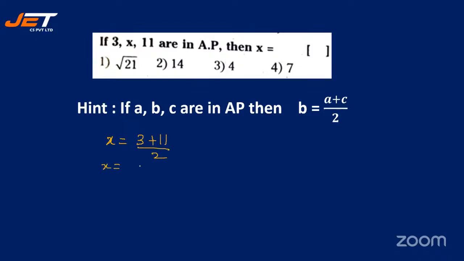So what is x? 14 by 2, which implies your x is 7. Now what is it they're asking? Find out the value of x. So obviously your answer must be option 4, isn't it? If you had opted for option 4, then your answer is correct.